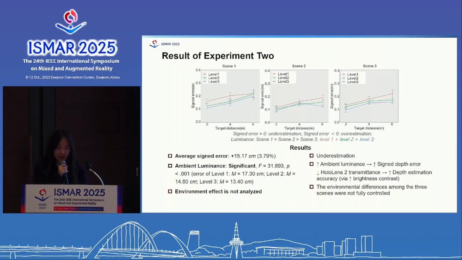This means that in an outdoor environment, if we decrease the HoloLens's luminance transmittance, the depth estimation accuracy will be improved. This is because the environmental brightness contrast is improved. For environment, because the environmental differences among the 3 scenes were not fully controlled, the environmental effect is not analyzed here.